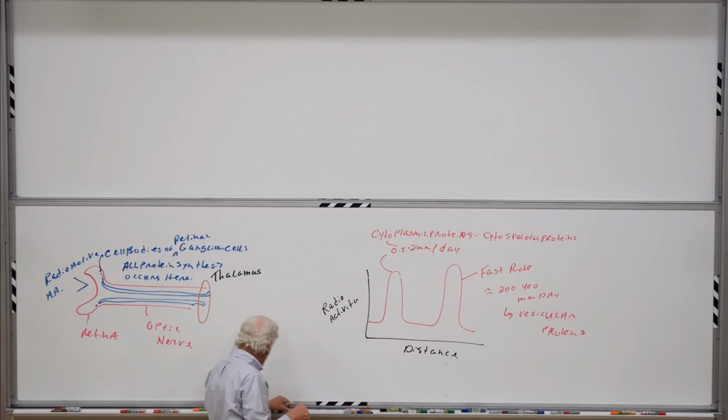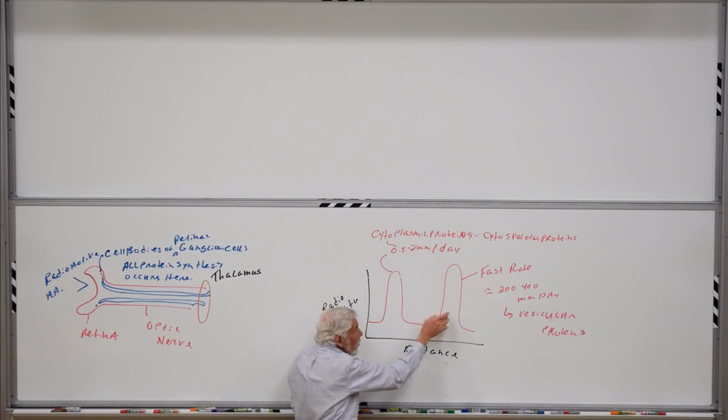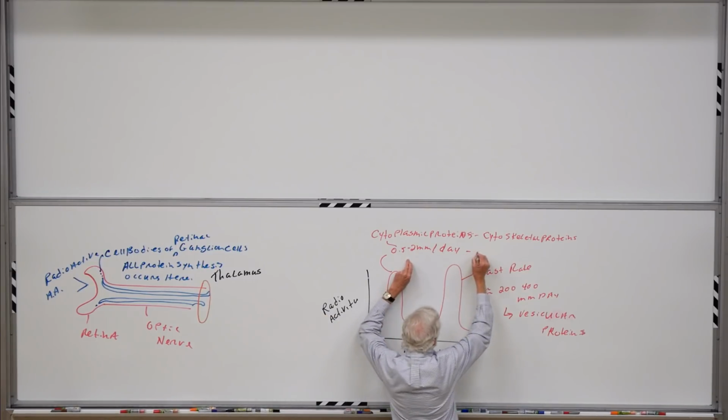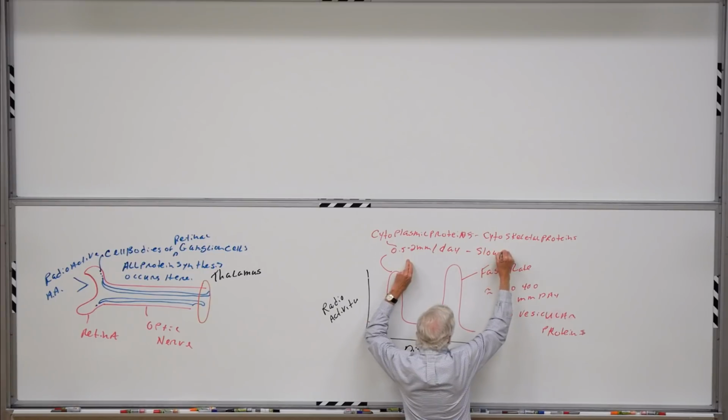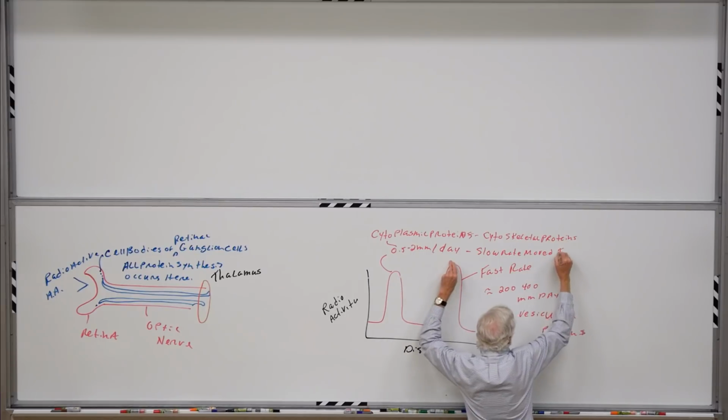And with some advances in microscopy, they could sort out the proteins moving in these two components. The surprising finding was that this slow rate moved intermittently.